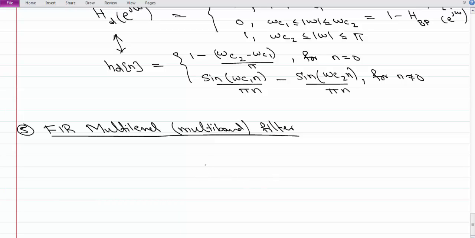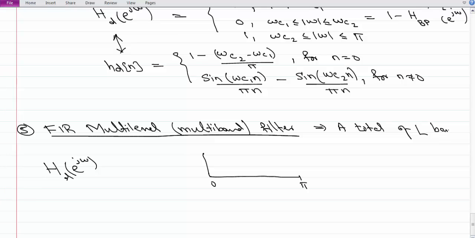So if I just plot the frequency response of this filter, from 0 up to pi, what this filter says is, well, let's divide it into a total of L bands. Okay. So you divide it into a total of L bands.